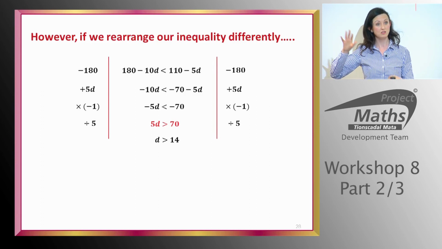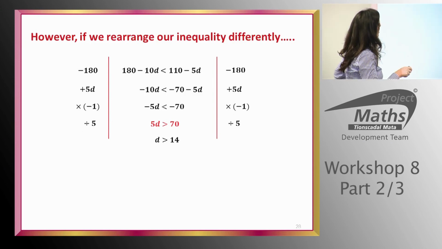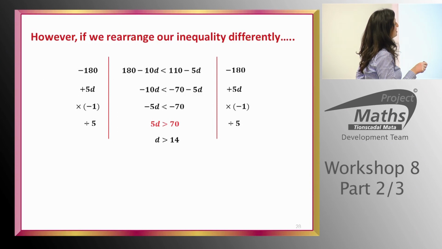Sure, they're not. They all kind of isolate different terms in different ways and at different times. So what if we tried to get rid of the 180 first? We would subtract 180 from both sides. So that gets rid of that, and 110 subtract 180 is minus 70.